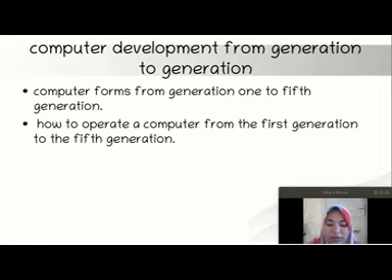The language used on the first generation computer is machine language. This is a very basic programming language, and it is only understood by the computer.